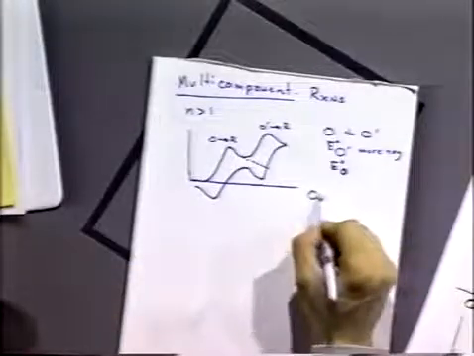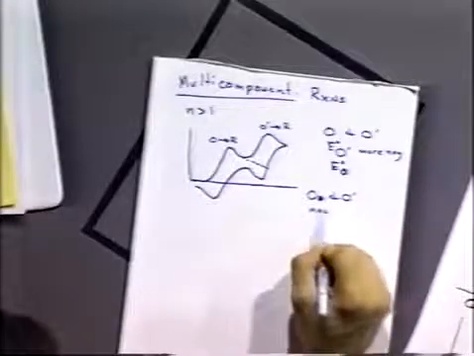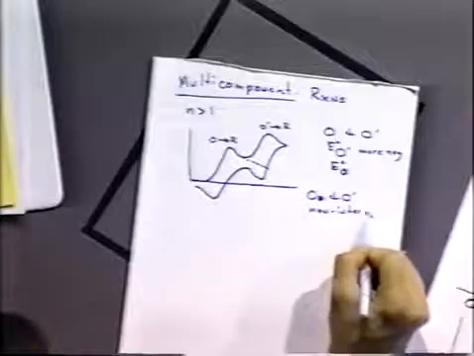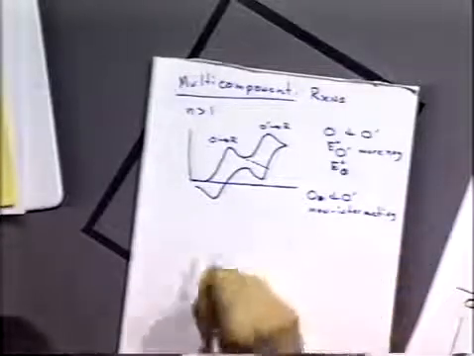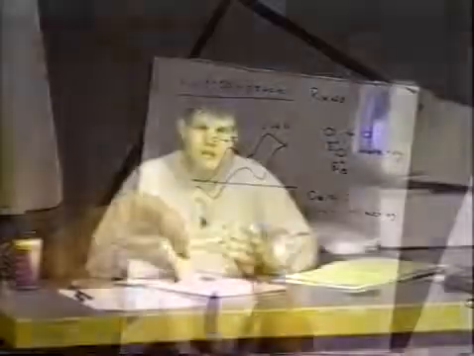Now the key to this sort of behavior is that O and O prime are non-interacting. In other words, they're not linked through a chemical reaction process. They're not linked by a homogeneous electron transfer process. In other words, once I make species R, it doesn't react with species O prime, and vice versa. And in this particular case, where O prime has a more negative E0 than O, we don't have to worry about that.